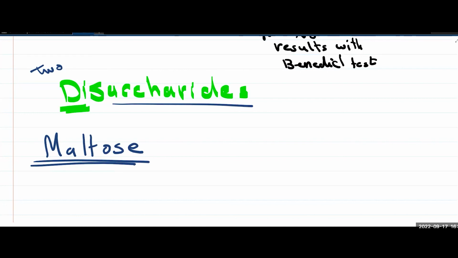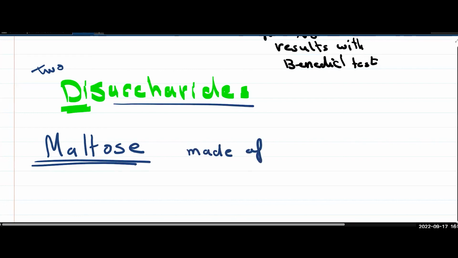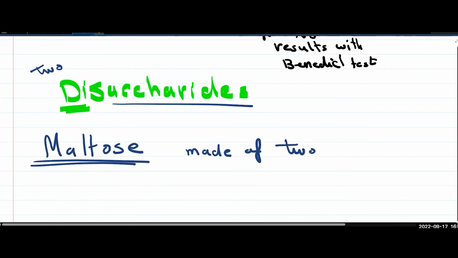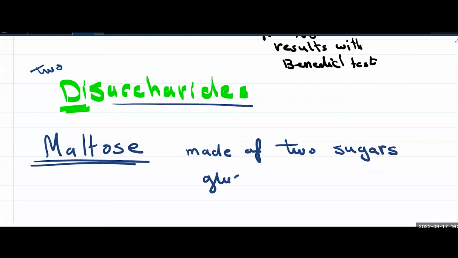As we said before, maltose is made of two sugars, which are glucose plus glucose. Which type of glucose? When I say glucose, you have to ask me, miss, which glucose? We said we have two glucoses, alpha or beta.